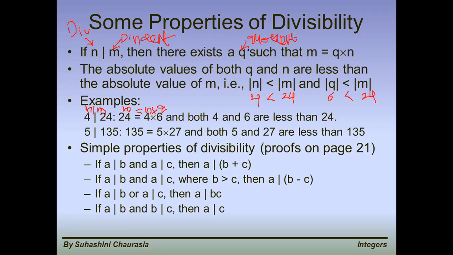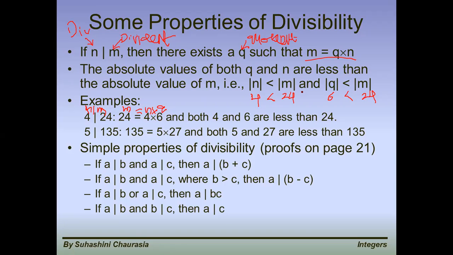And if we are getting remainder as 0, so this is the formula. Okay, that is dividend is equal to quotient into divisor. So here 4 divides 24 means that m equals n into q. m is 24, n is 4, and q is 6. 24 को 4 से डिवाइड करेंगे 6 आता है, तो 4 sixes are 24.